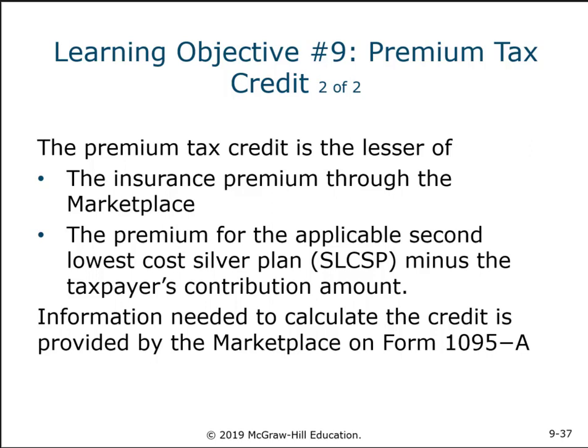So this could come back to be an extra tax, because your income was higher and therefore the amount of credit you're entitled to is lower than what you were actually estimated at the beginning of the year. Well, that's the end of Chapter 9, Information.